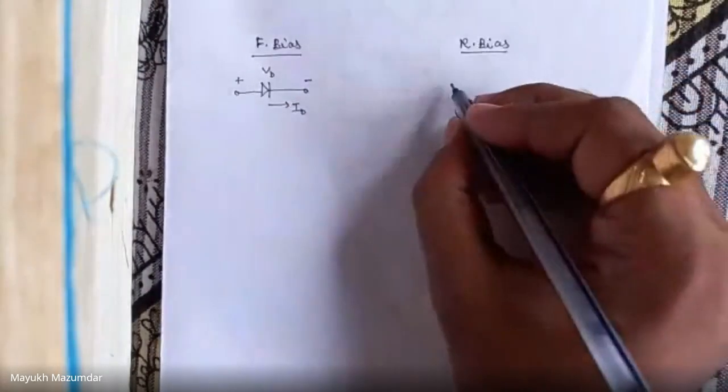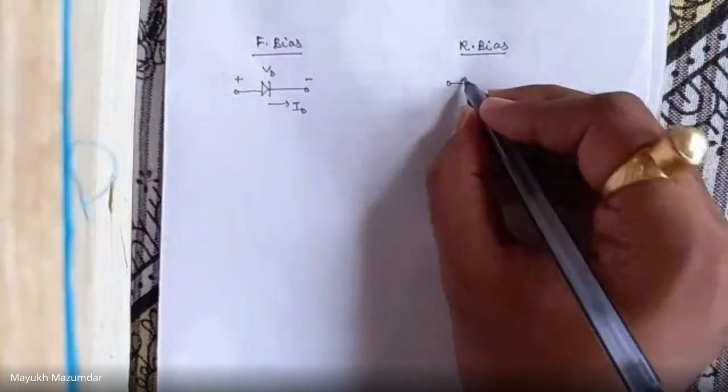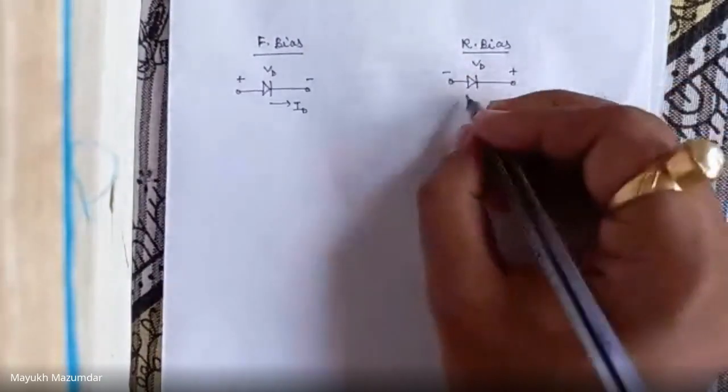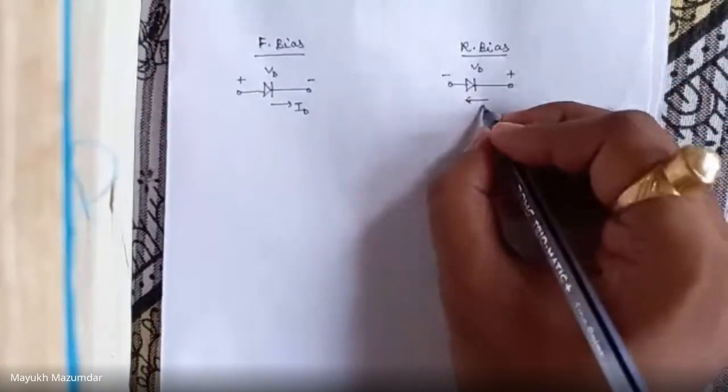No approximations made. That is what happens. Reverse bias is the opposite kind of biasing or application of voltage, and current flows. I'm talking about forward and reverse bias with the circuit symbol.